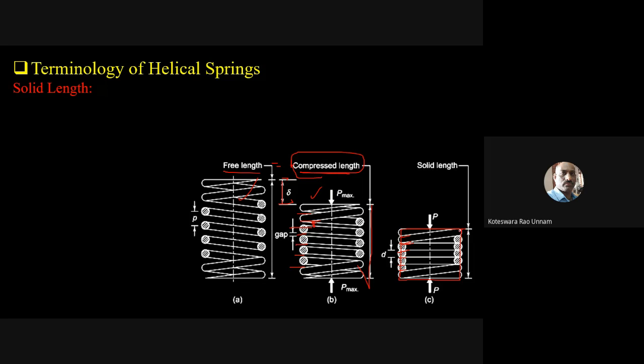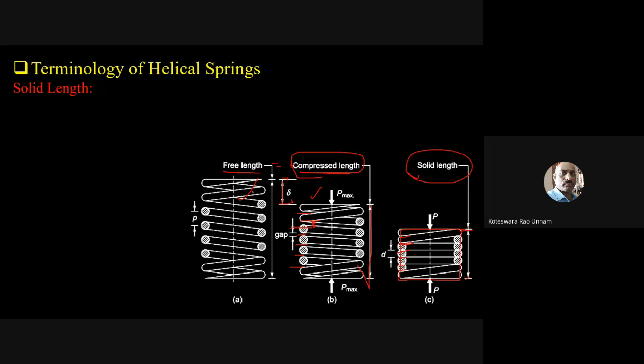The length at the maximum compression, when all the coils are in touch with each other, we'll call the solid length.